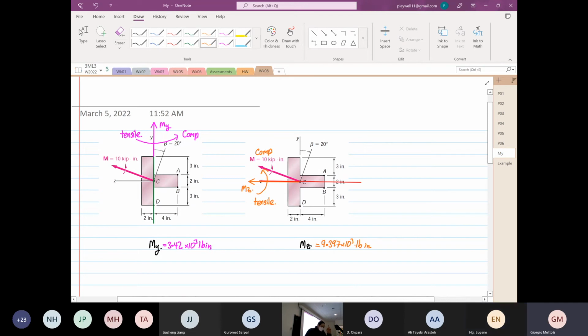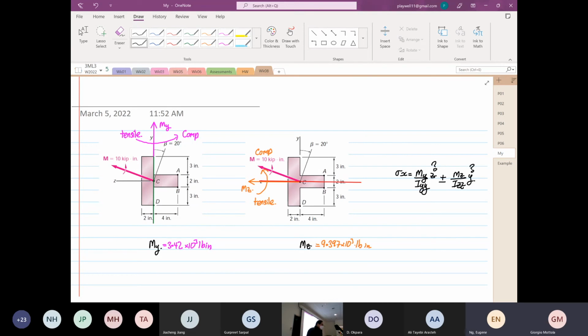Now, where the confusing part comes is this. I write down the formula. So stress X is equal to MY over Iyy multiplied by Z plus or minus MZ over Izz multiplied by Y. The next thing that is really, really confusing is this: what is Z and what is Y?